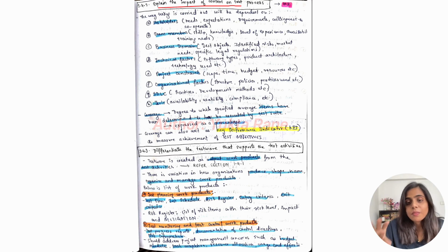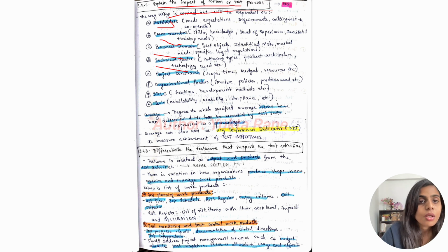Now context, as we saw earlier, is the basis for how to test and what to test. The way testing is carried out will depend on a lot of factors: stakeholders and their expectations and requirements; team members, their skills, knowledge, and level of experience; then technical factors, software types, product architecture; the business domain, what the exact business domain is, what the business impact of testing is; project constraints; and cognitive factors.